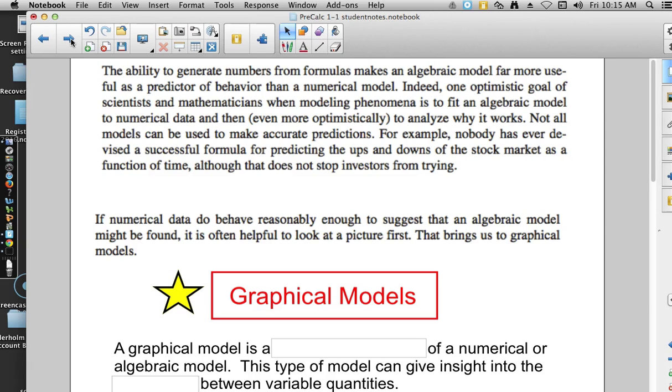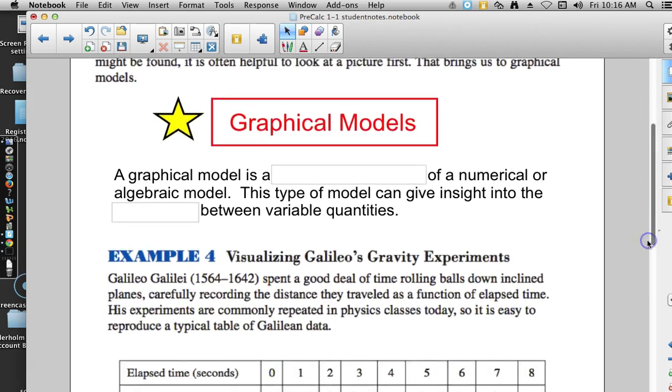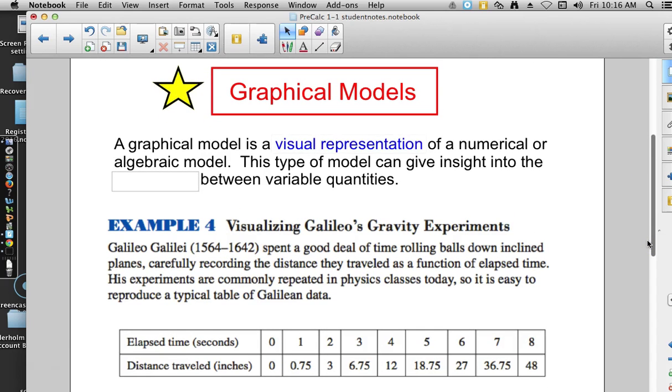If numerical data do behave reasonably enough to suggest that an algebraic model might be found, it's often helpful to look at a picture first. So that brings us to graphical models. So graphical model, visual representation, taking a look at the data. And what we're doing when we make these graphical models is we're trying to see, do they look like they line up kind of in a straight line?